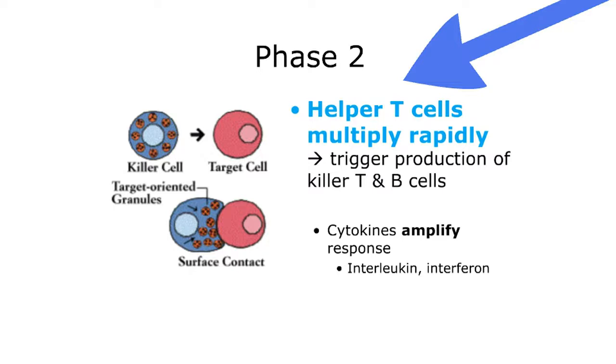Those helper cells, T helper cells, they multiply really, really rapidly, and they do two things. They trigger the killer Ts, and then they also trigger the B cells, which is another branch of the immune system. They turn on those killer cells, and you'll see on the bottom that killer cell is attacking that target, that target infected cell.